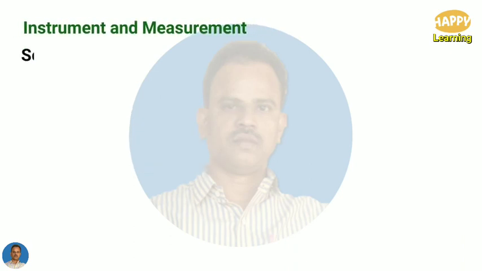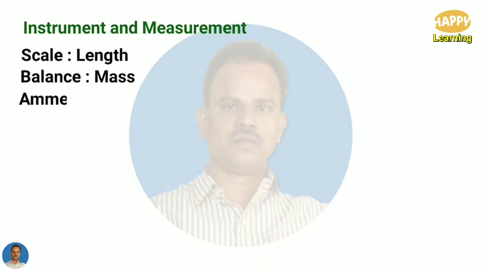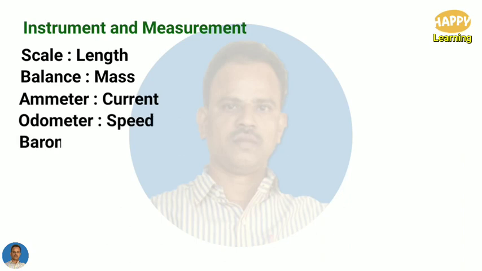Instrument and measurement. Scale is used to measure length. Balance is used to measure mass. Ammeter is used to measure current. Odometer is used to measure speed. Barometer is used to measure pressure.